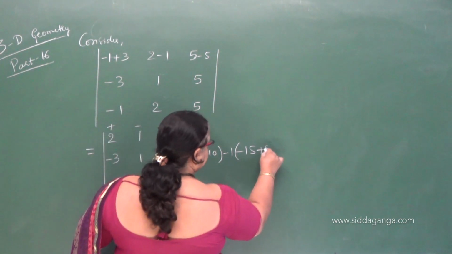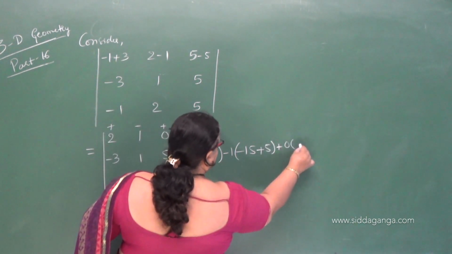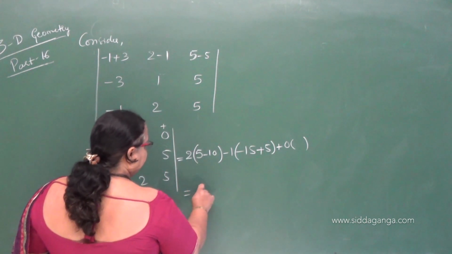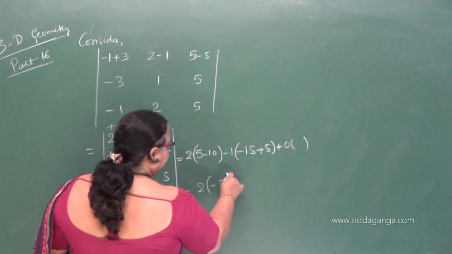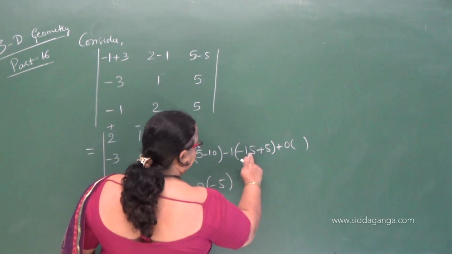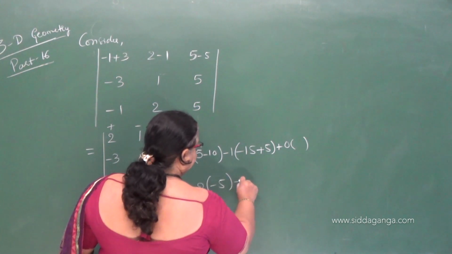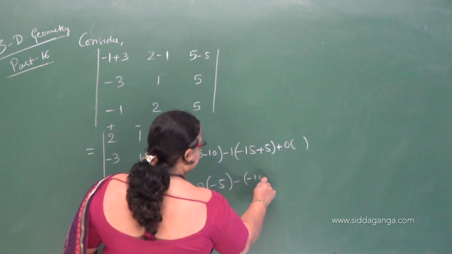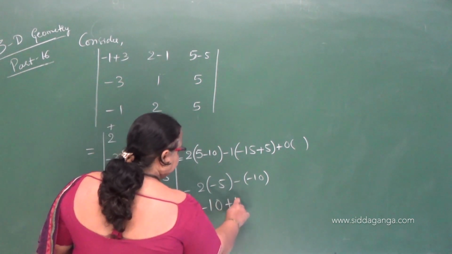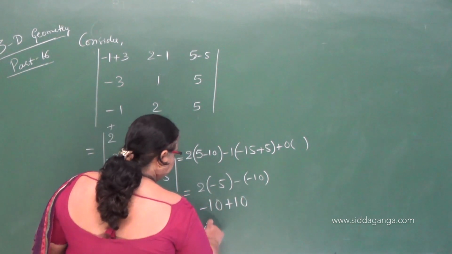Minus into minus plus 5. 0 into any value is 0. That is equal to 2 into minus 5. What is minus 15 plus 5? Minus 10, minus of minus 10. Now this is equal to minus 10 plus 10, the answer is 0.